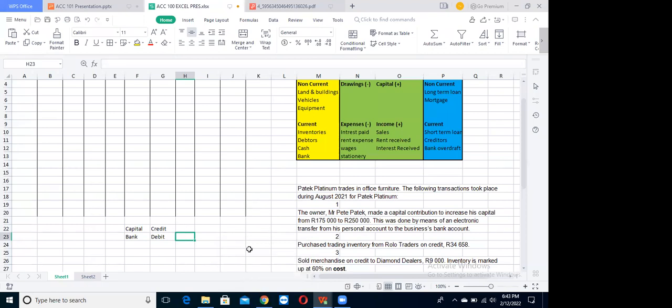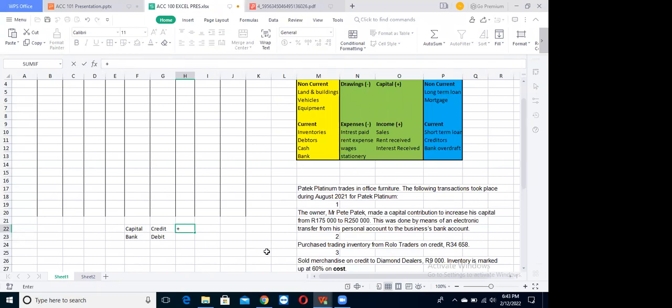So what we are worried about is the capital invested. The 175,000 has already been dealt with when he introduced it. Now we want to deal with the remaining part that he said to have increased. How much is the increase?